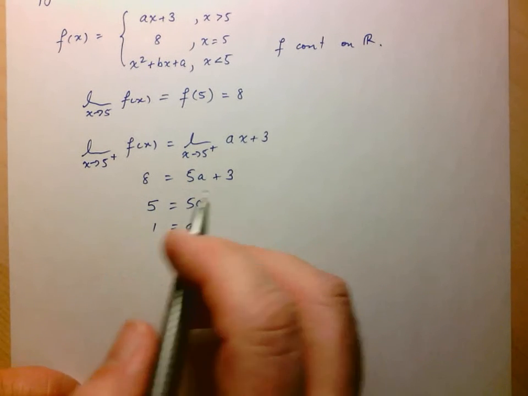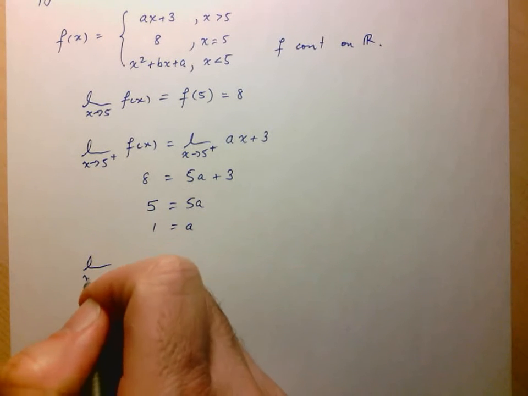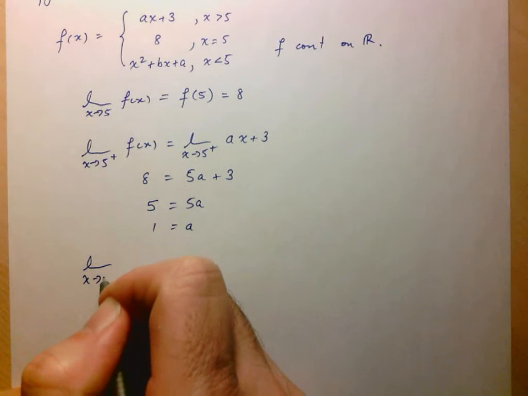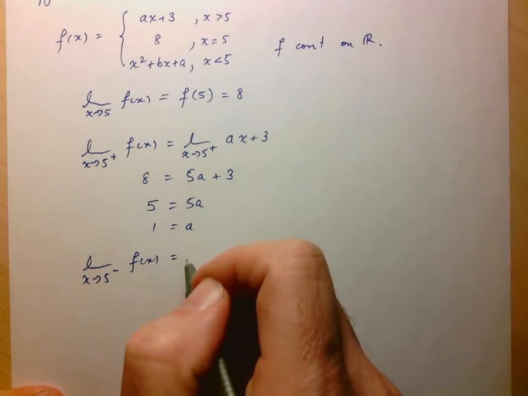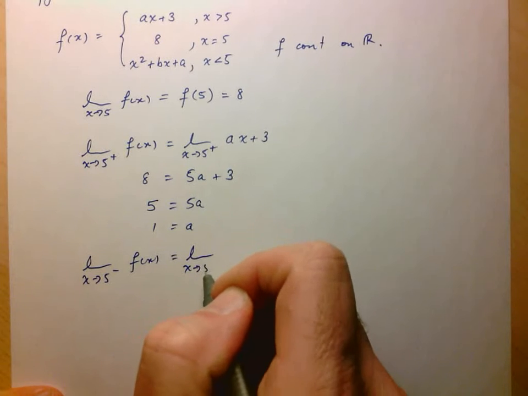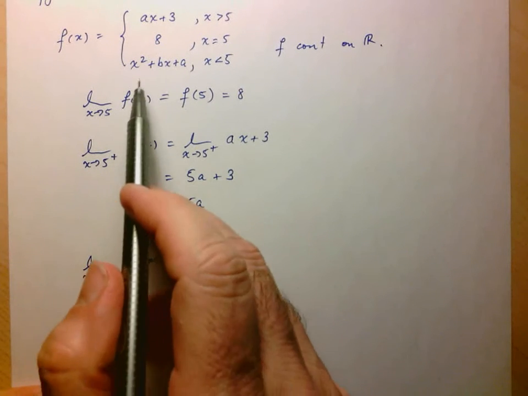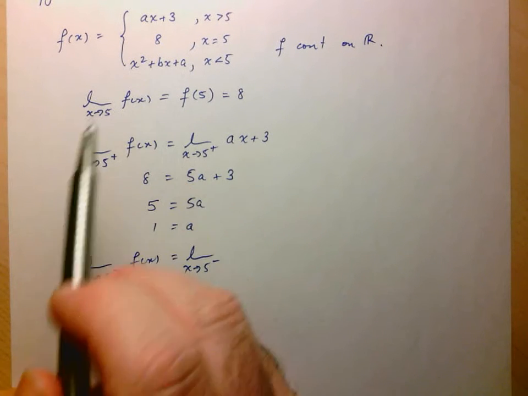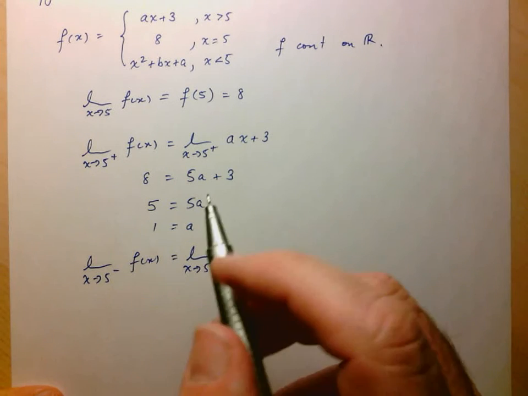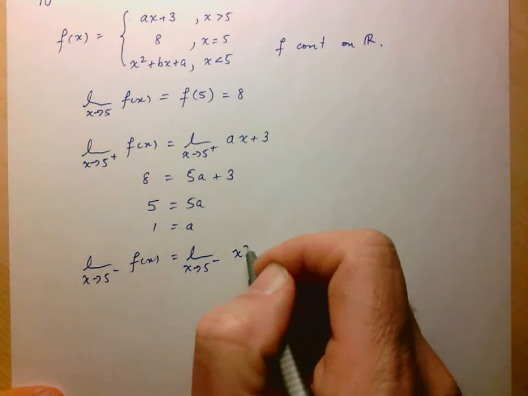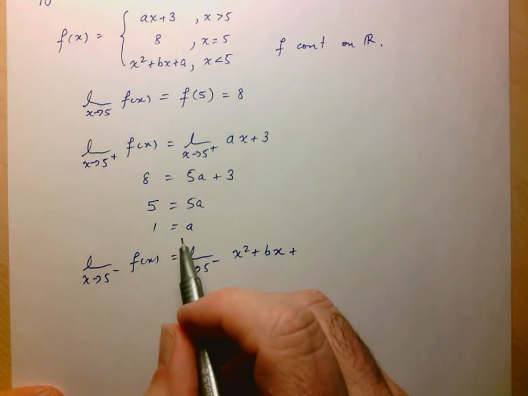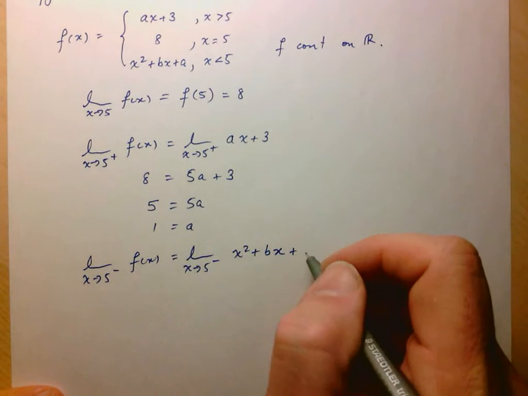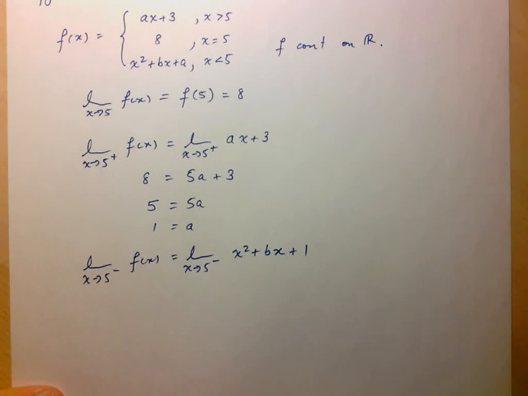We'll hopefully get that by looking at the left-handed limit. So the limit as x approaches 5 from the left of our function. In this case, it's this equation that defines the y values to the left of 5. So I'm taking the limit of x squared plus bx plus, well, I've already determined that the a value has to be equal to 1, so I'll just put that in here right off the bat.